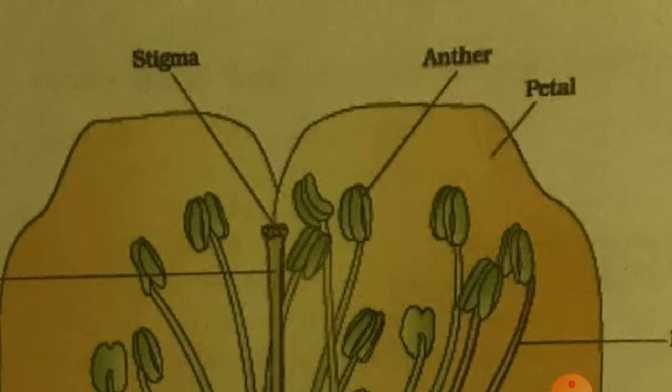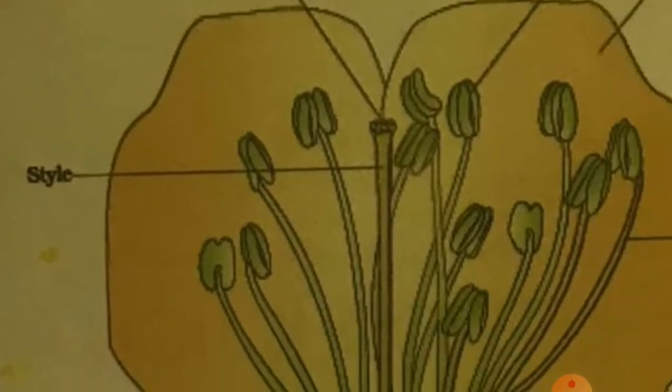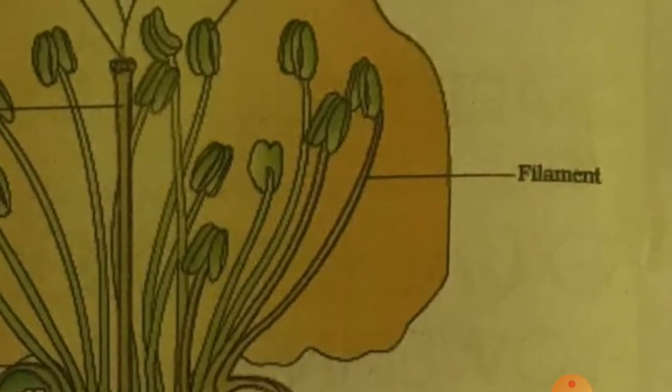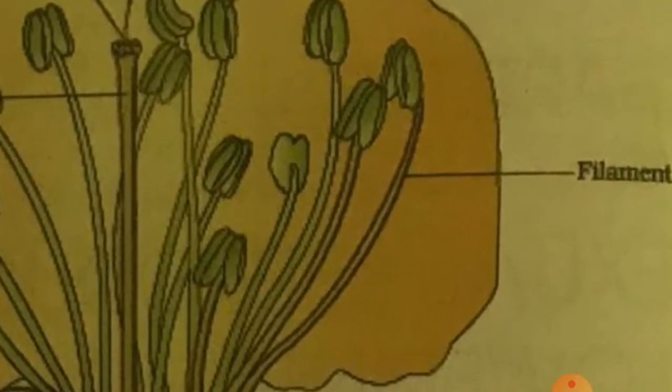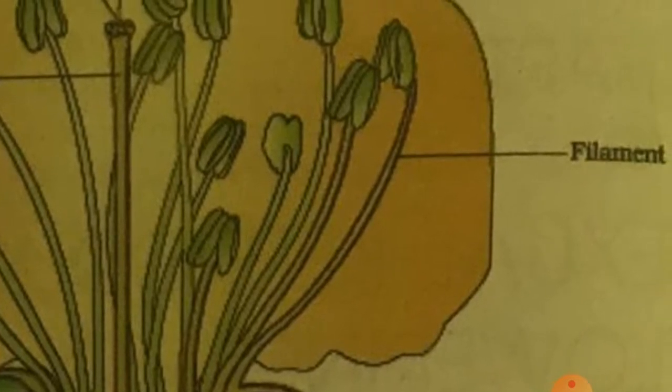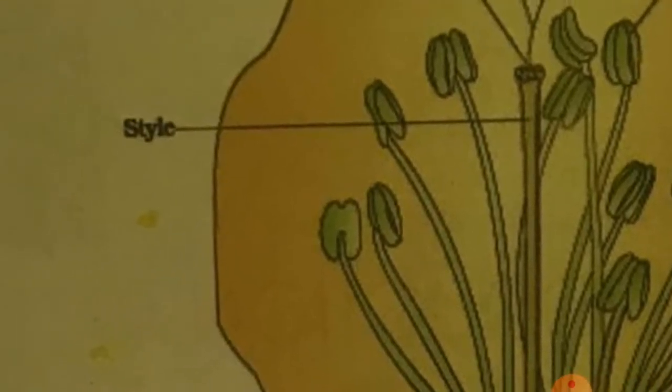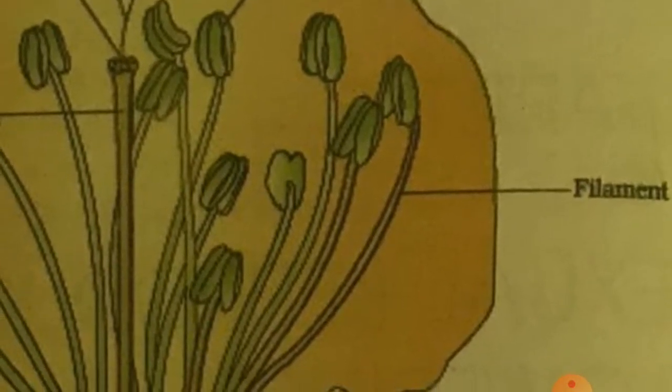Now we have to discuss the next part, that is the androecium. The androecium is the 3rd whorl of the floral appendages that arises inner to the corolla. The individual appendage of the androecium is known as a stamen. Here you can see the androecium, and here you can see the stamen. A stamen consists of 2 parts, the anther and the filament.